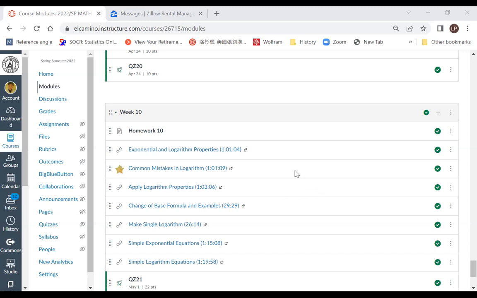You have quizzes that cover these common mistakes, and how to apply logarithm properties correctly, the change of base formula, making a single logarithm, and simple exponential equations and simple logarithm equations are covered. Of course, all of these are related to week 2 and week 3 coverage of those materials.